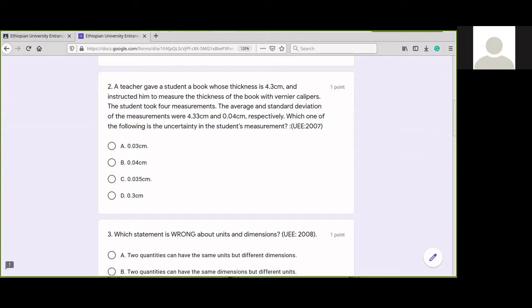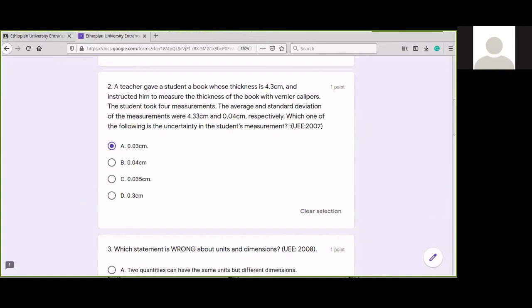Can we say that difference is uncertainty? Here, the difference from the exact value, which is given by the teacher? Yes. So why not 0.03 centimeter? Yes, it is. So which one is the correct answer? 0.03. Yeah, 0.03 is the correct answer. Option A.